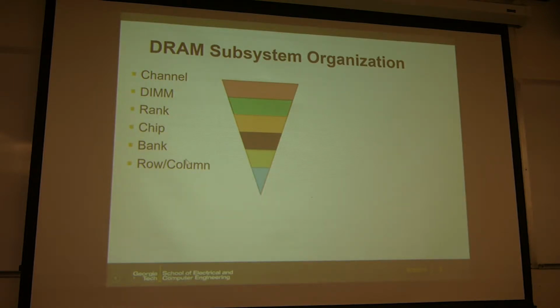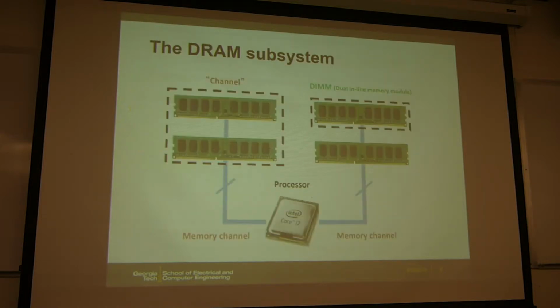Sometimes between these we have another level called mat. This is just a top-down breakdown of this DRAM system. We will talk about that in the next few slides. Let's look at the DRAM first.